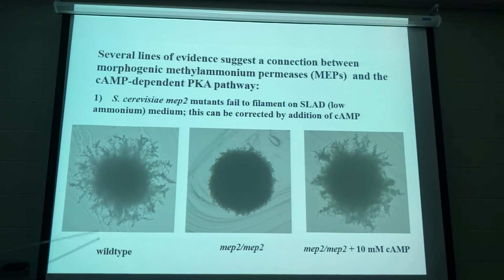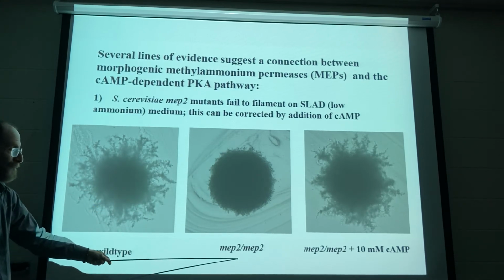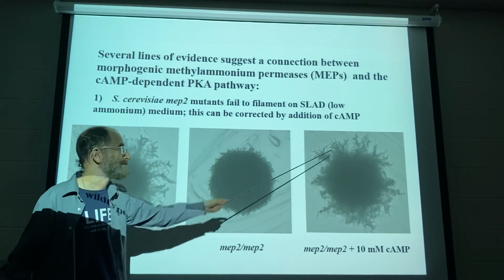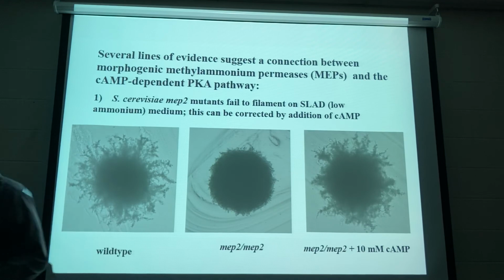And that's shown here. So here's wild type. Here's the mutant that doesn't have MEP2, but if you add cyclic AMP to that mutant, you get filamentation, which tells you that activating the PKA pathway in Saccharomyces is a way to get around the fact that you don't have this ammonium transporter.